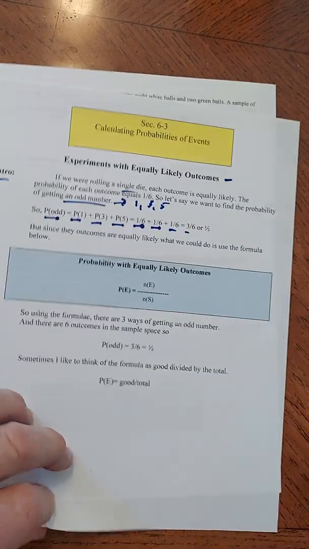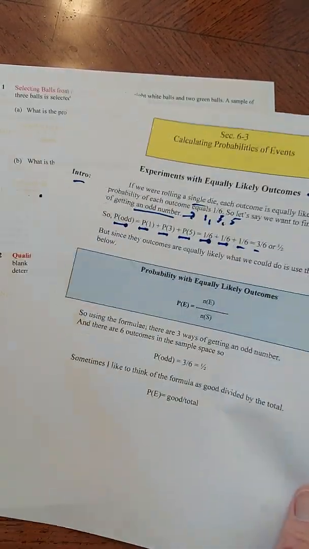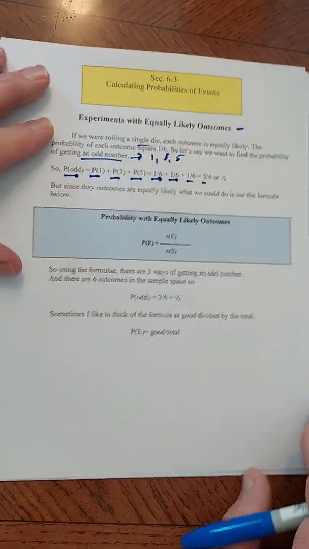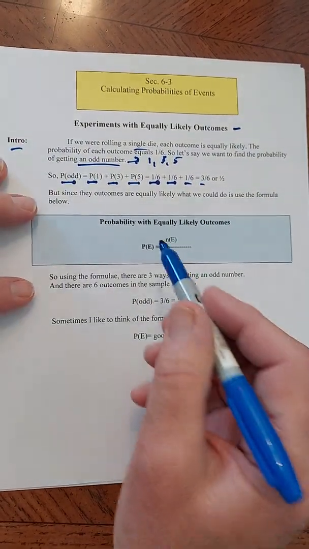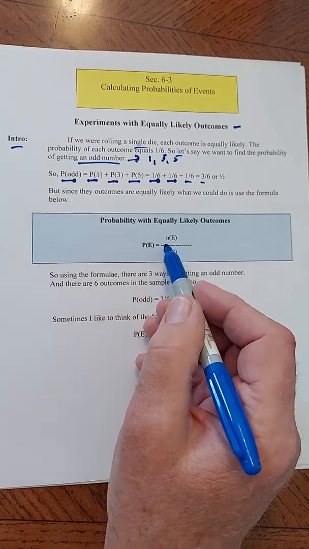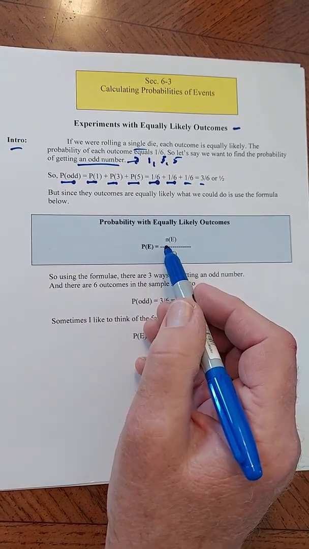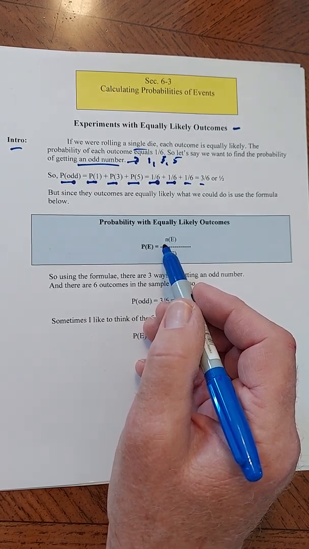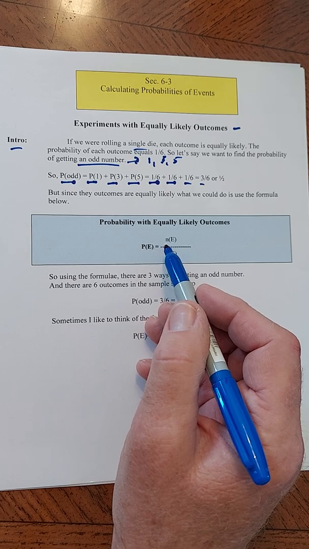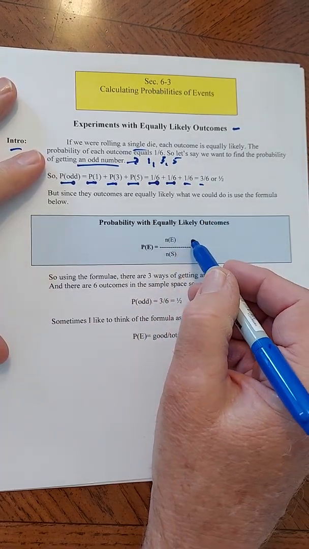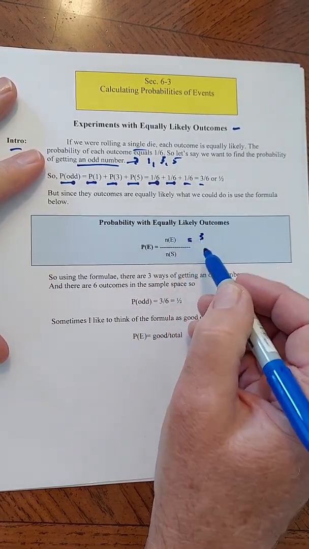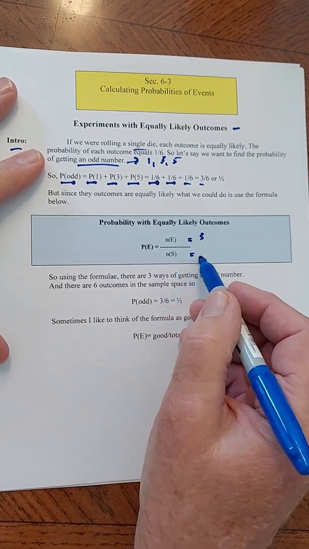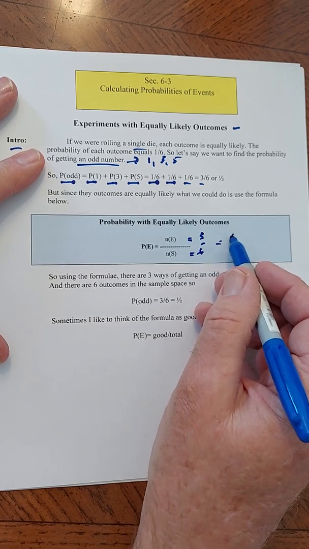Since they are equally likely, all I really needed to do is say, how many elements are in the event? We were talking about being odd. The event is odd, and there's 3 things that could happen. So that's simply going to be 3 over the number in the sample space. There's 6 different things that could happen, so 3/6 gives you 1/2.